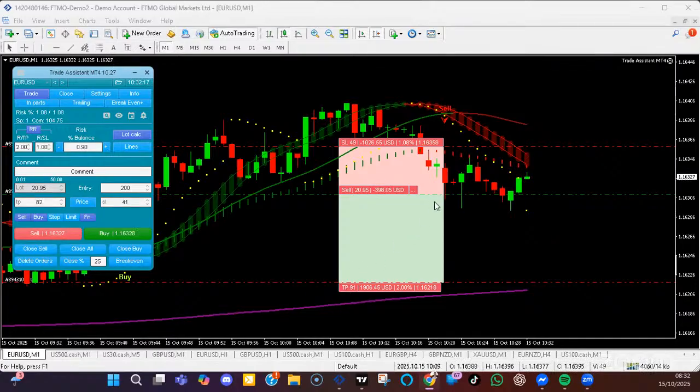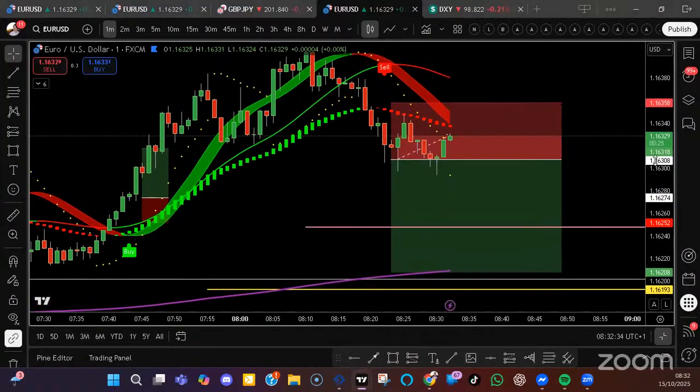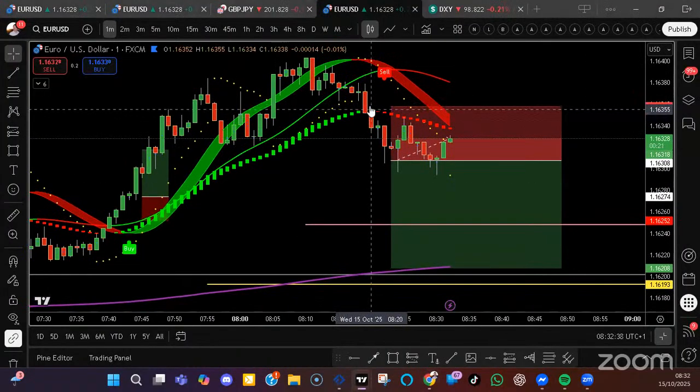So as you can see, we're going sideways now, picking up more orders. Hopefully they're sell orders to bring the price down, but the general consensus is that we're going up, and also we've got imbalance here.